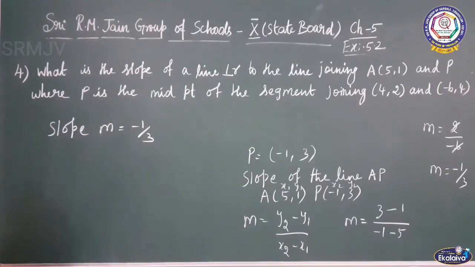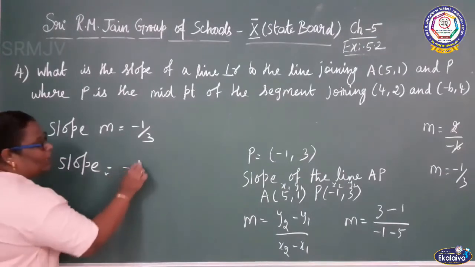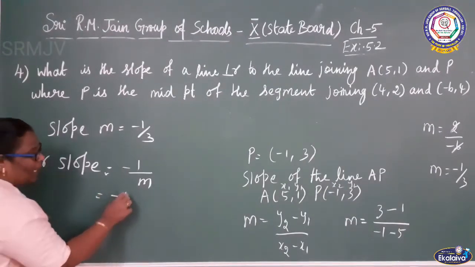Now you should find out the slope of the line perpendicular to it. What is the perpendicular slope? Perpendicular slope equals minus 1 by m. You know very well m1 into m2 equals minus 1. So one slope equals minus 1 by the other slope.